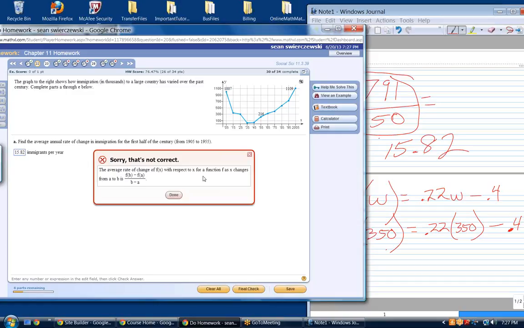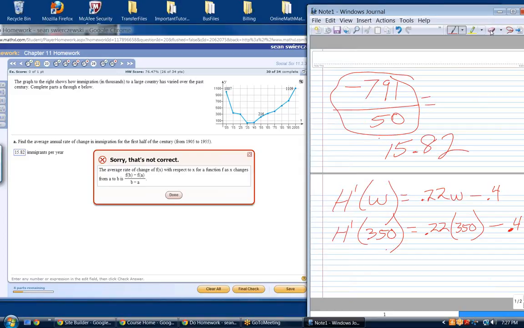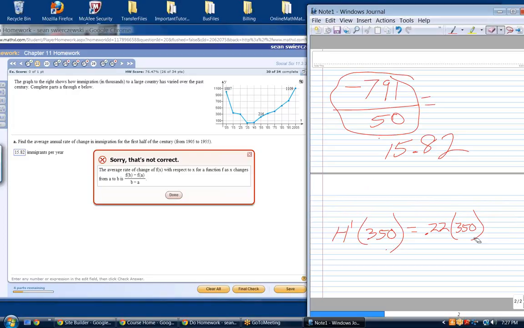The average rate of change is f of b minus f of a all over b minus a. Is that not what we did? I don't know. This point is f of b, this point is f of a, and b minus a is 50.